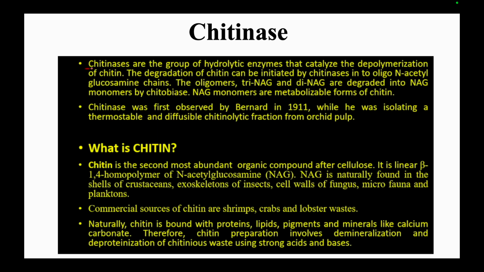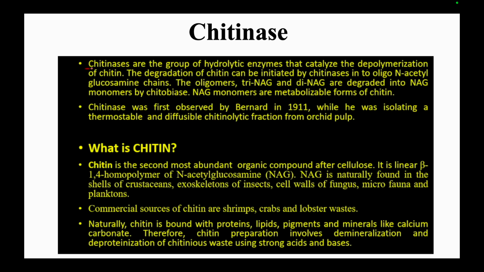Chitin is present in different insects. It's a linear polymer of N-acetylglucosamine chain, and the chitinases basically hydrolyze these N-acetylglucosamine chains, okay, and convert them into monomers, dimers or trimers.